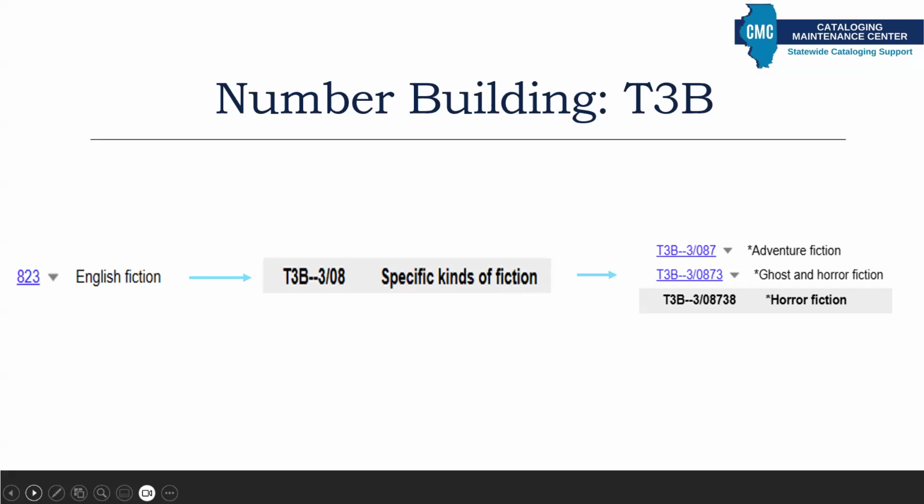Then, to add to the collection aspect of the book, we add 08 for a collection. This puts our number at 823.0873808. If this collection were from a certain time period, you could add that as well to your number.